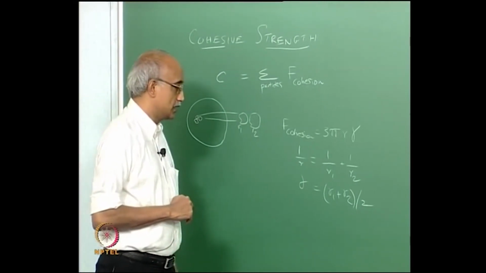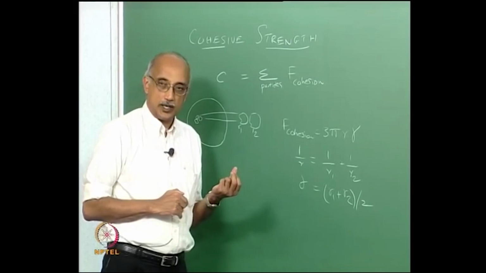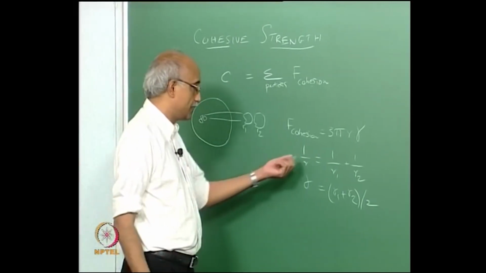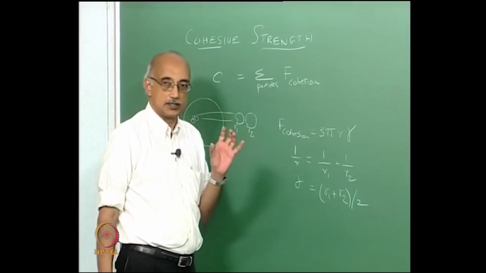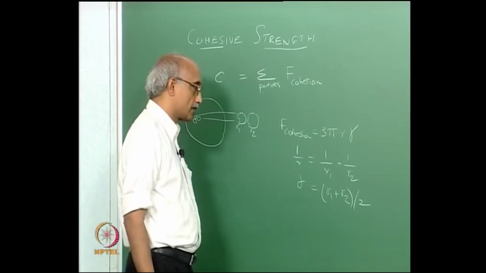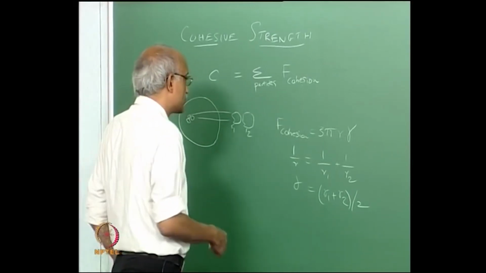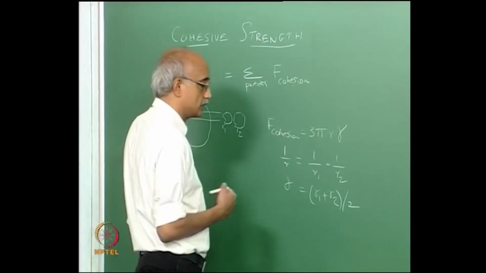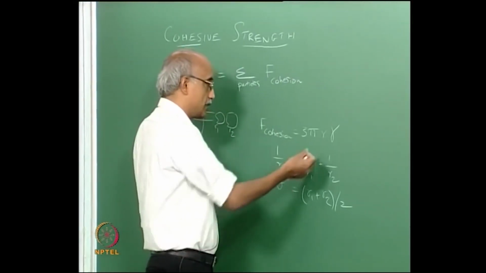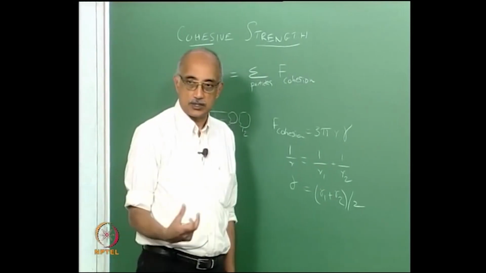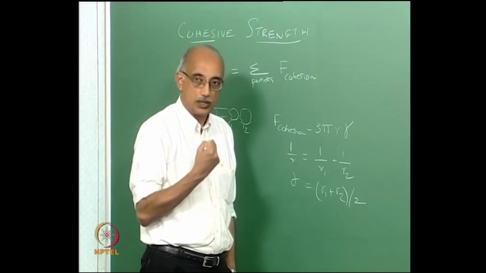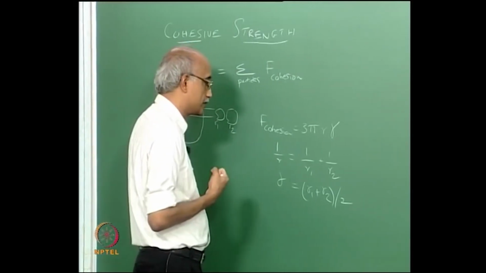So, essentially, in a very simplistic way, the cohesion force is simply taken as the multiple of an effective radius and an effective surface energy. So, this would essentially say that if you want to improve cohesive behavior, the maximum leverage is in surface energy. If you make particles that have high surface energy, they are likely to bond to each other fairly strongly.